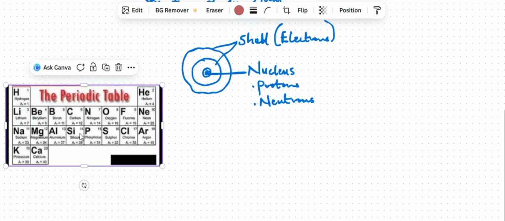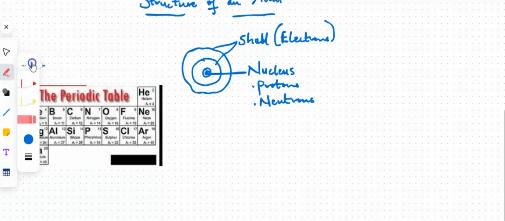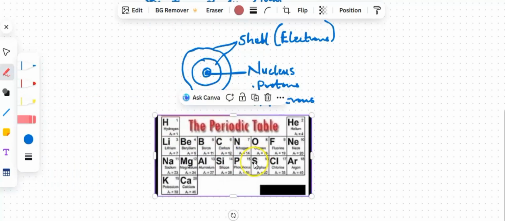And there is a law that these elements are not just arranged randomly. No, they are arranged in order of what? Increasing atomic mass. Sorry, in order of increasing atomic number. So they are arranged in order of increasing atomic number.